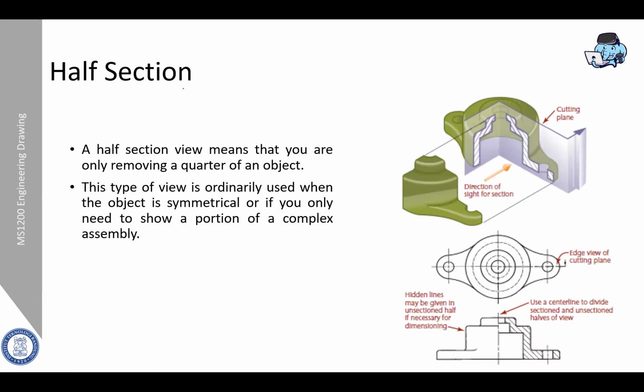Next is the half section view. What is half section view? It means that you are only removing a quarter of an object. So the illustration, I think it is clear, is shown in this figure. For example, the direction of the side is like this one, and you cut a quarter of the part.